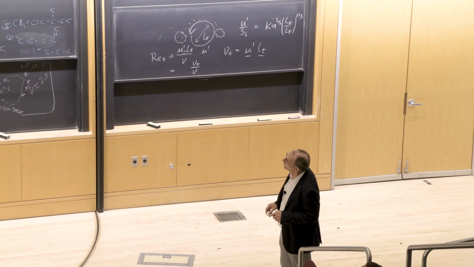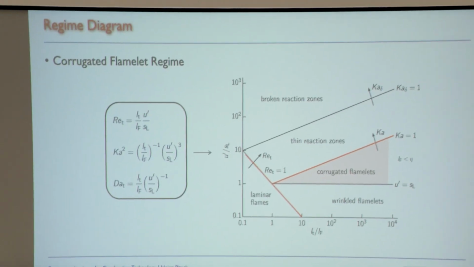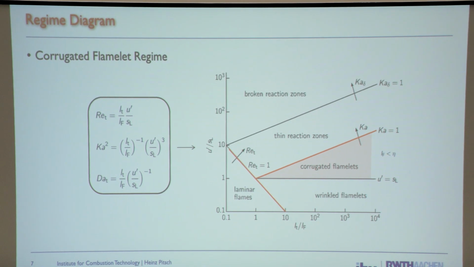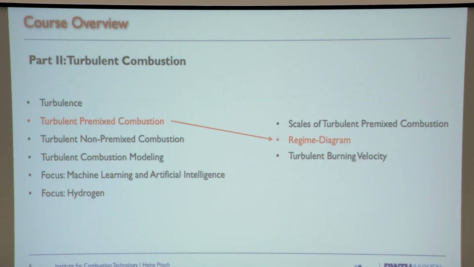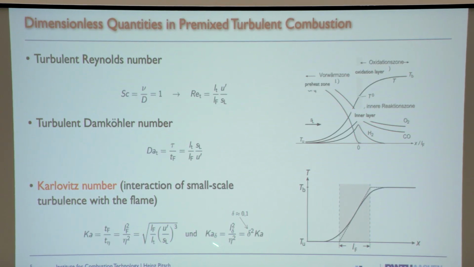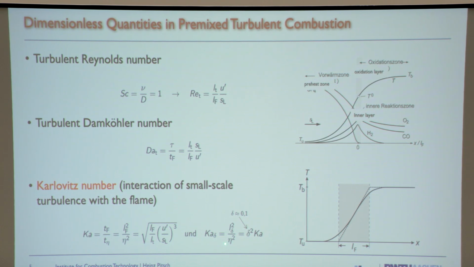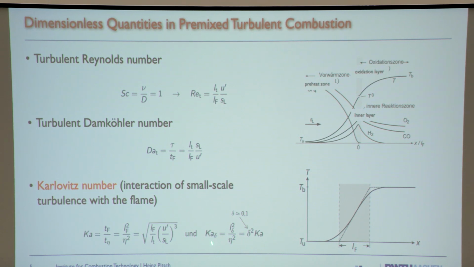And then we also want a line where we say Karlowitz delta is equal to 1. The Karlowitz number is LF divided by eta squared, and Karlowitz delta is then the reaction zone thickness divided by eta squared.